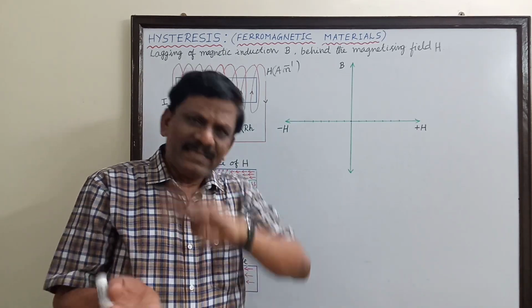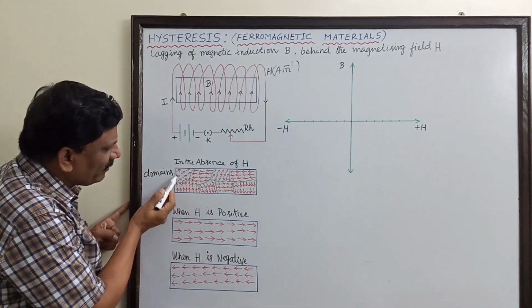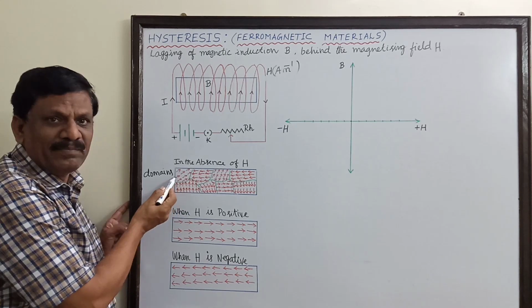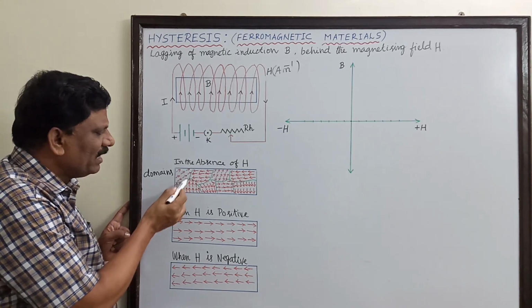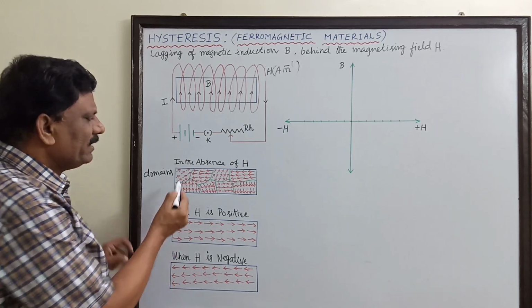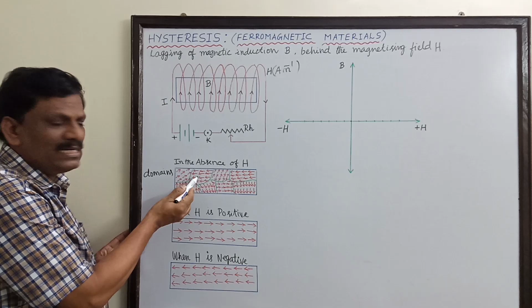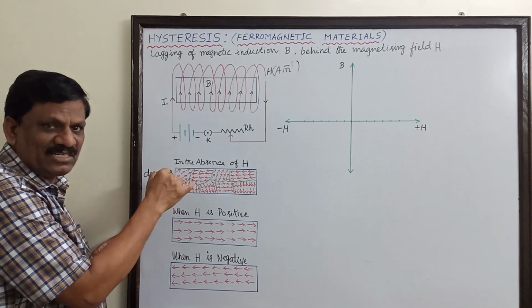Now inside each domain, the direction of the dipole moment is the same, is it not? The dipole moment inside a given domain remains in the same direction. In the next adjacent domain, you see the direction of the dipole moments will be different from the first domain.